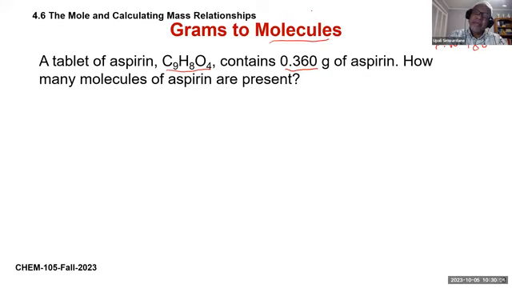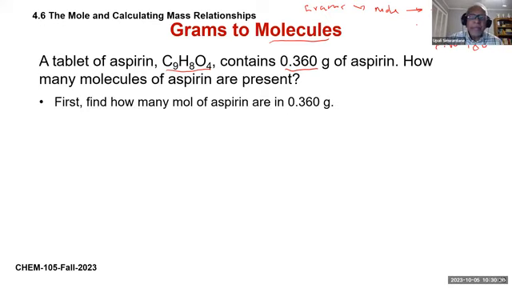To get molecules from grams, you have to start with grams, convert to moles, and convert to molecules. Moles multiplied by Avogadro number gives molecules.